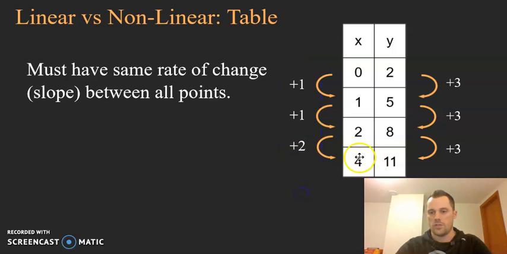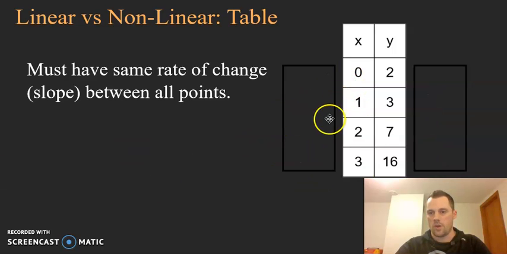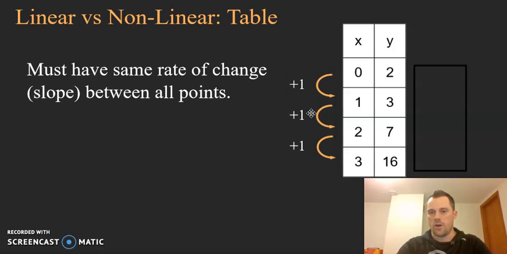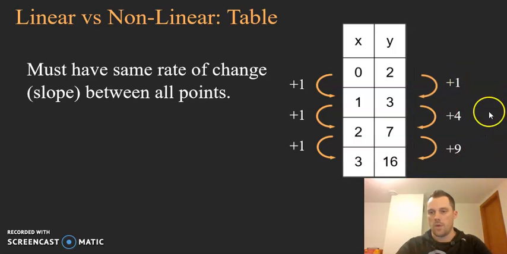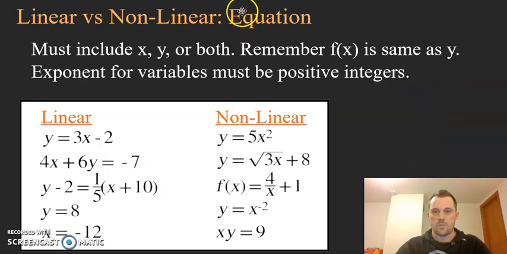So notice how if we just change that one value there, we've got a slope of 3 over 1 from here to here, and from here to here, but then from here to here it's a slope of 3 over 2. In this example, again, we go up by 1 for each of our x values, but we're going up by a different amount in y, so the slope is different from one point to the next. Last example is equations.